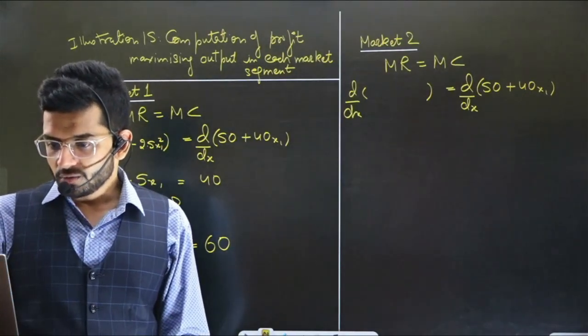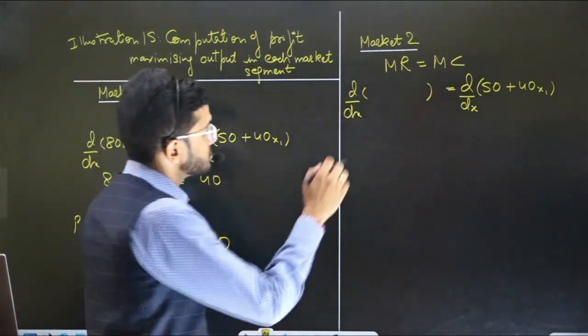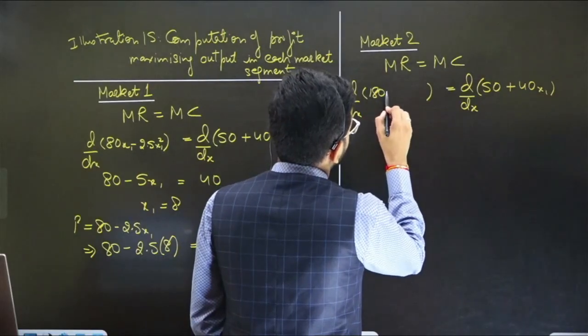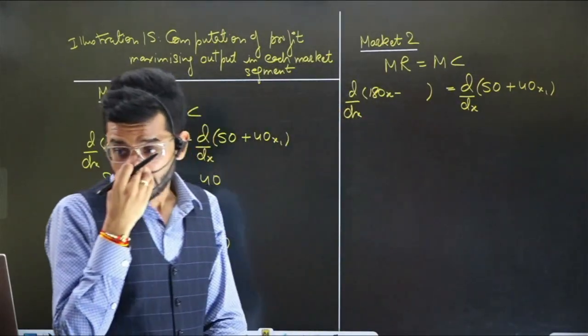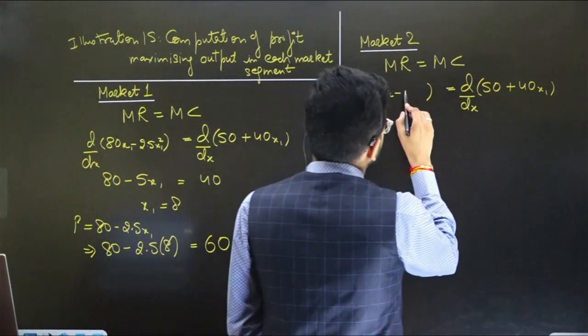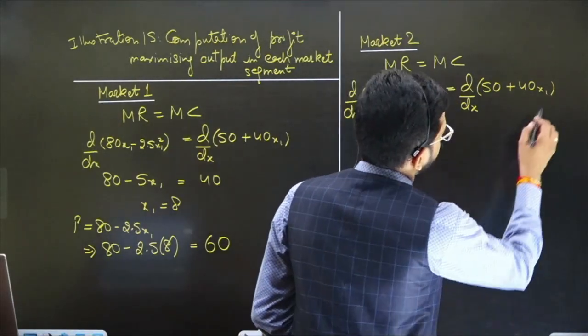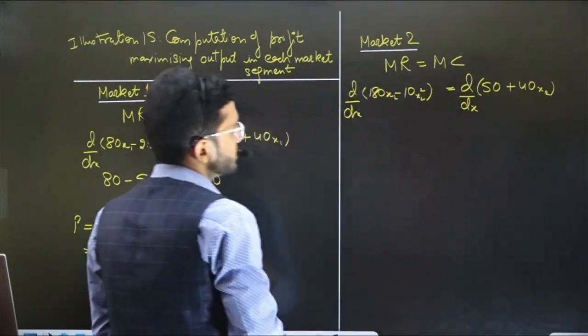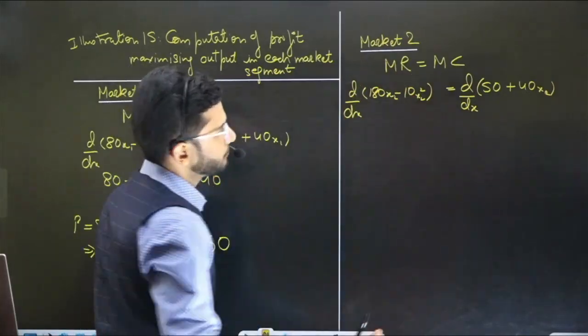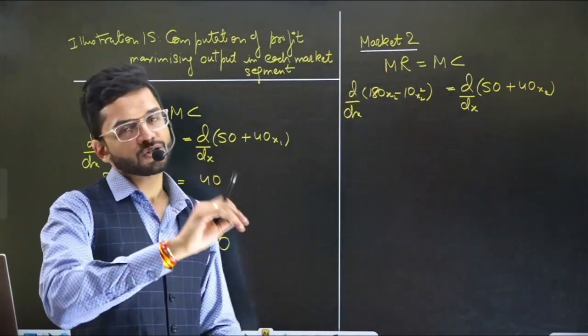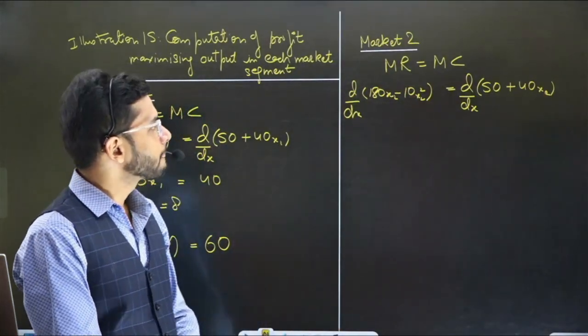Price is 180 minus 10x, so revenue will become 180x minus 10x square. This time it will be x2. Cost function remains the same. In both the markets, cost function remains absolutely the same.